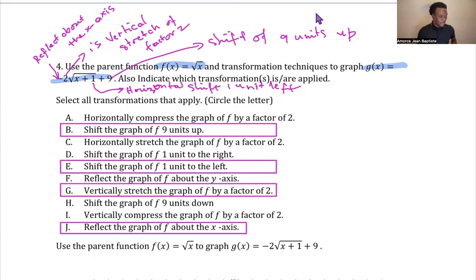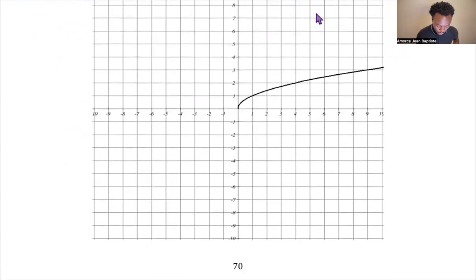Okay, now that we get this, we're free to move on to graphing the function, right?